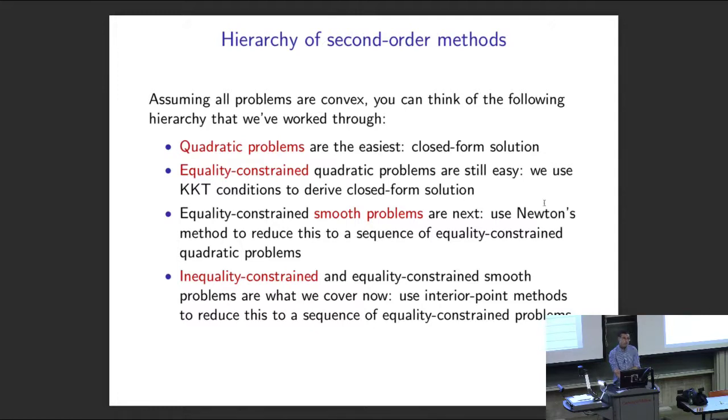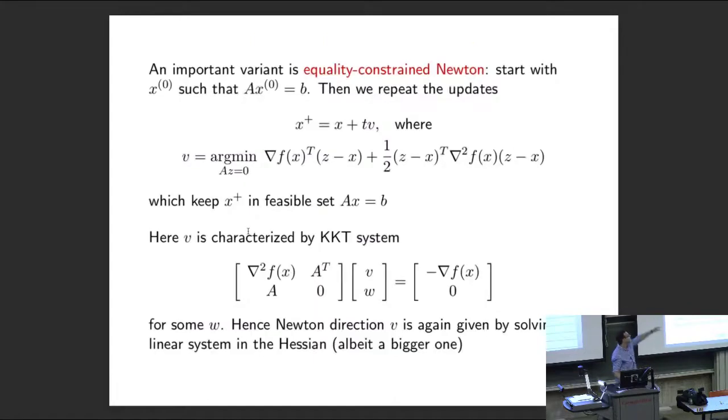This is where Newton's method comes in. It reduces the problem of minimizing f subject to equality constraints to a sequence of quadratic minimizations subject to equality constraints. So Newton takes f, turns it into a quadratic, leaves the equality constraints alone, and then we have a closed form solution to that. That was just equality constrained Newton that we saw. So it brought us back to an easy case.